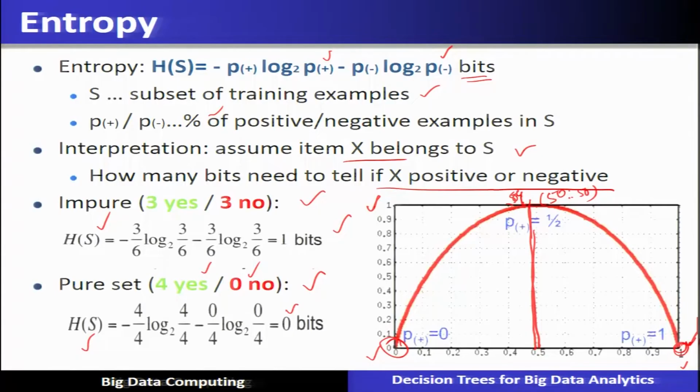And if all are positive or all are negative, then the number of bits required is 0 in this case.